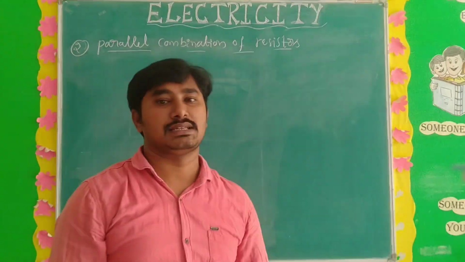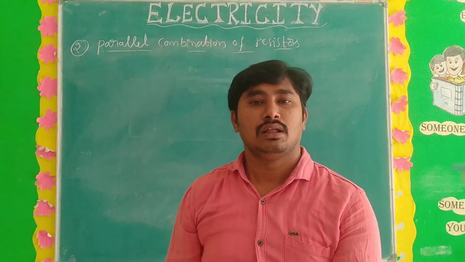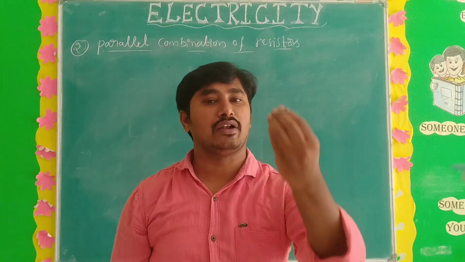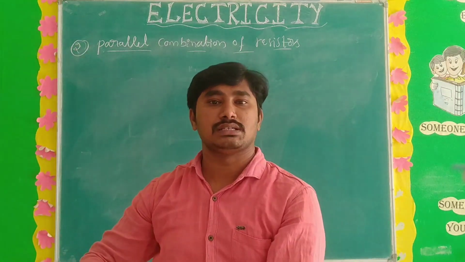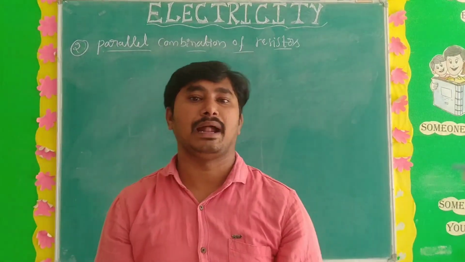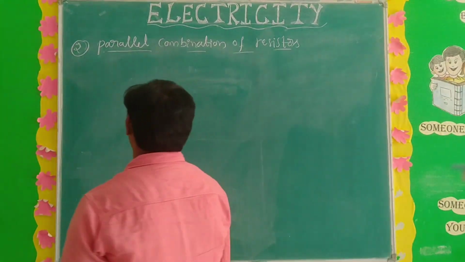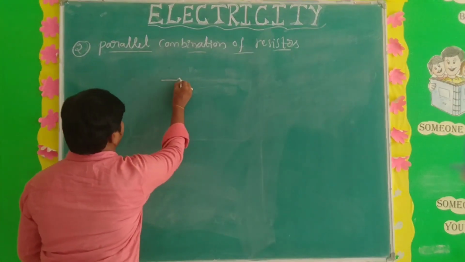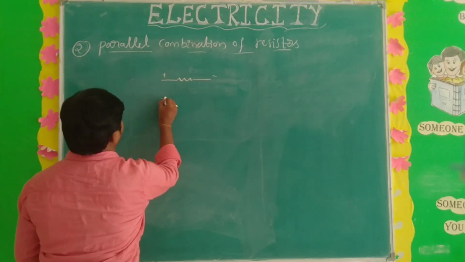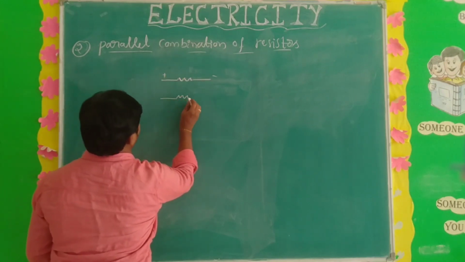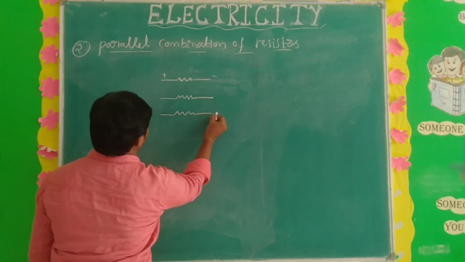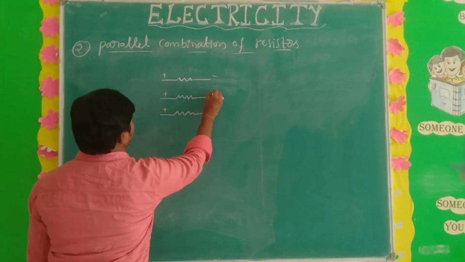So the parallel combination of resistors means we take the resistors and connect all the positive sides at one side, and the remaining ends, all the negative sides, to the other side, and finally connect the battery. See here, take the resistors like this, positive and negative, and connect it like this. These are all positive sides, these are all negative.